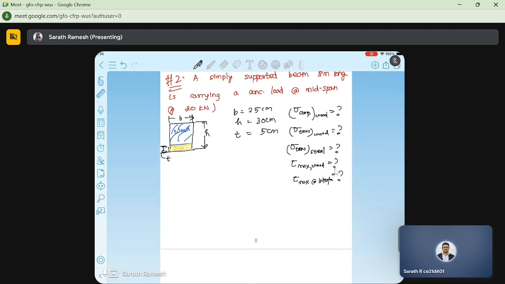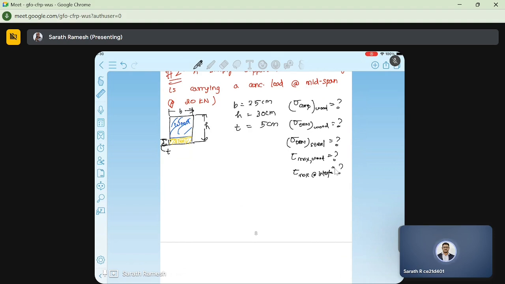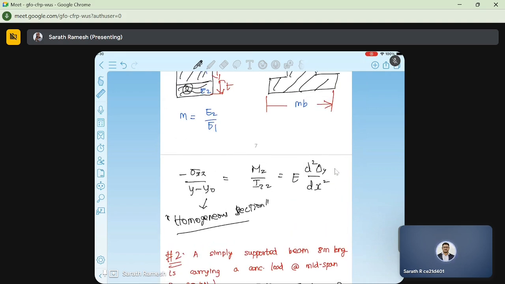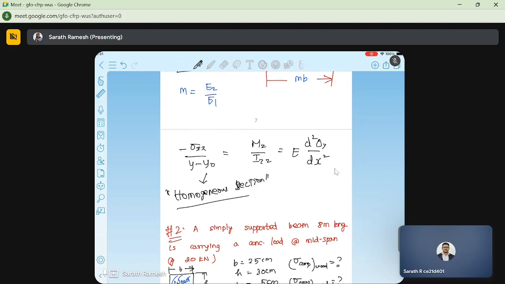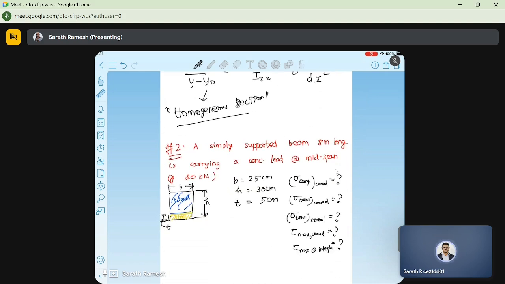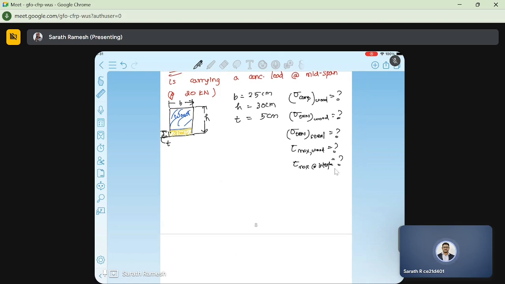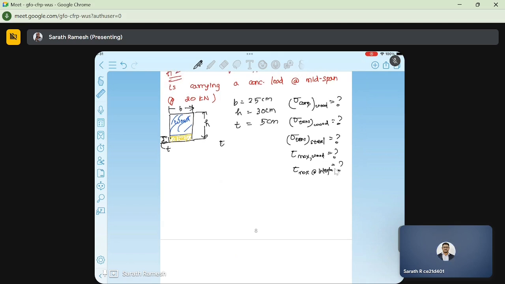Now let's proceed with how to do it. For finding stress we can use this formula, but we need to convert the section into a homogeneous cross section. To convert, first we need to find the modular ratio. Young's modulus of wood is given as 10 gigapascal, and Young's modulus of steel is given as 200.